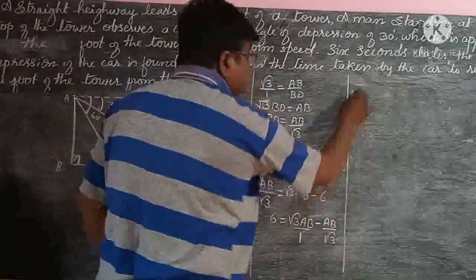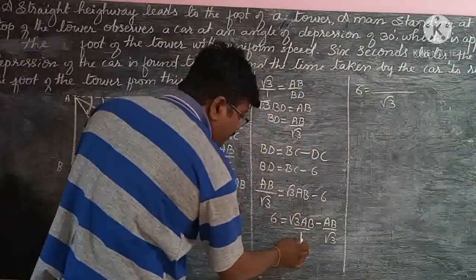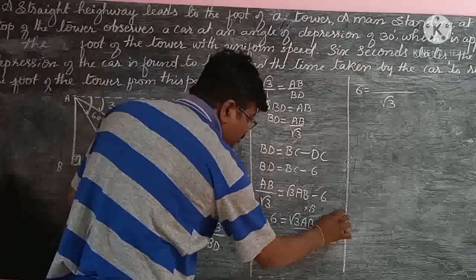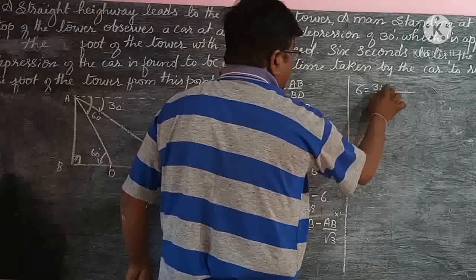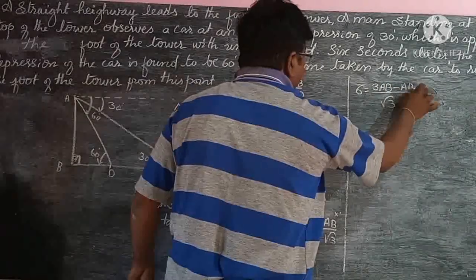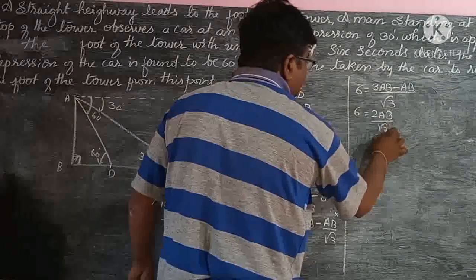Take the LCM: 6 is equal to root 3 into root 3 AB, root 9 is 3, so 3AB minus AB. So 6 is equal to 2AB divided by root 3.